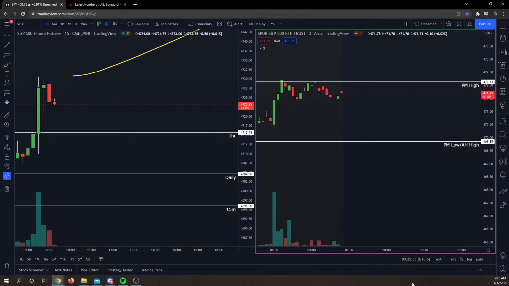Fun fact about Webull: their default VWAP, volume weighted average price, is actually a different time frame than what TradingView's default VWAP is. They're different time frames, so the VWAP level on TradingView is different than the VWAP with Webull.